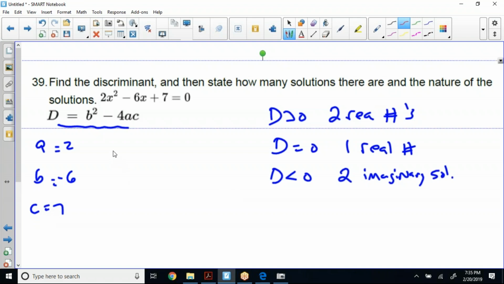So I get negative 6 squared minus 4 times 2 times 7. That is 36 minus 56, so the discriminant equals negative 20. Well, think about it. If you take the square root of a negative number, what do you have?